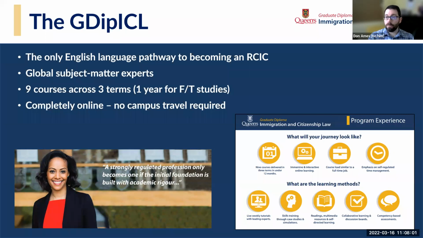Queen's is a proud partner of the College of Immigration and Citizenship Consultants. We are grateful to be that English language pathway partner. And of course, we have our sister institution of the University de Montreal, who is our French language pathway partner. And it is the only way that if you're looking at becoming a regulated Canadian immigration consultant, or RCIC for short, this is the pathway to take.